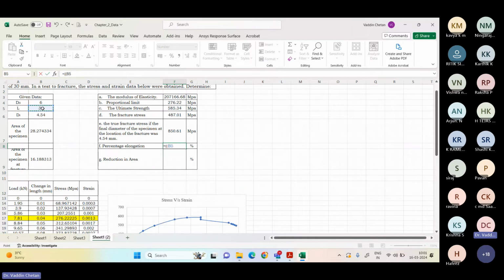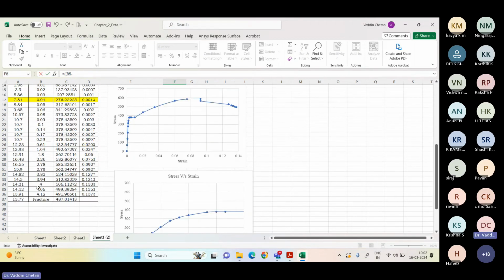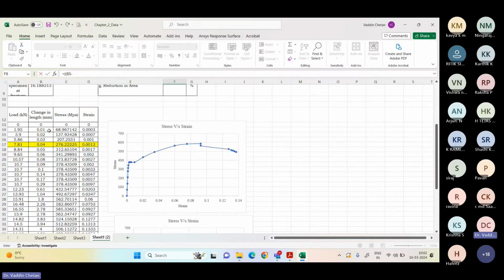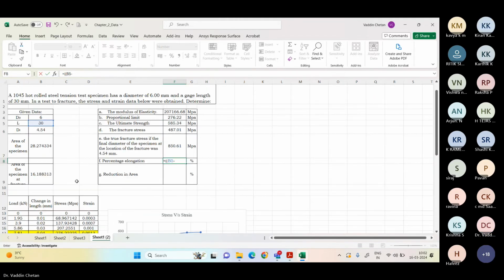So initial length will be this, right? And the final length will be 30 minus 4.12. Am I right there? Because the change in length that has happened is 4.12. That is delta L, right?